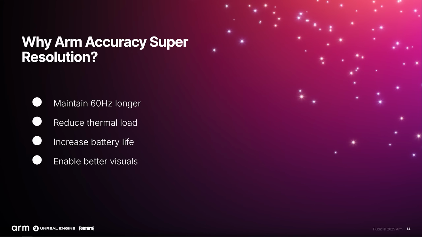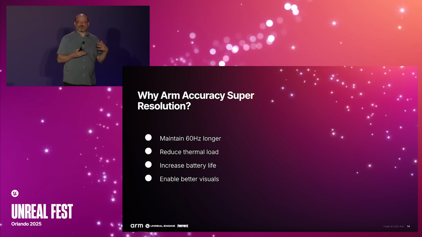Fortnite, back in 2017 or 2018 when we first brought it to mobile, was a best-in-class game running at 30 hertz at the time, because it was lower resolution or lower performance devices. But as the devices have gotten more powerful, we've been trying to get it more and more up into 60 hertz.